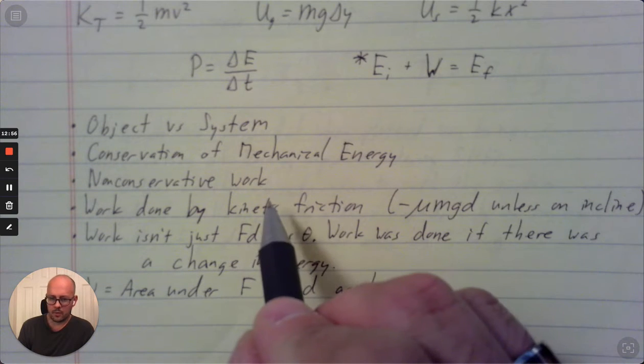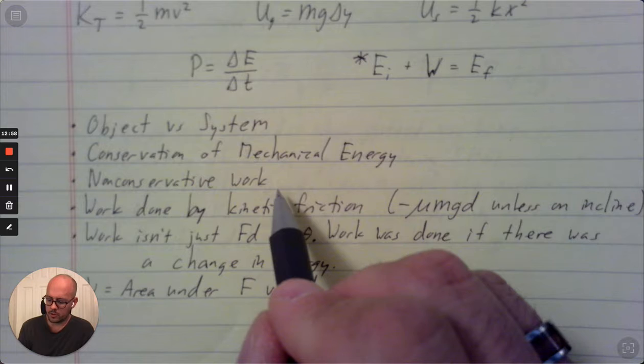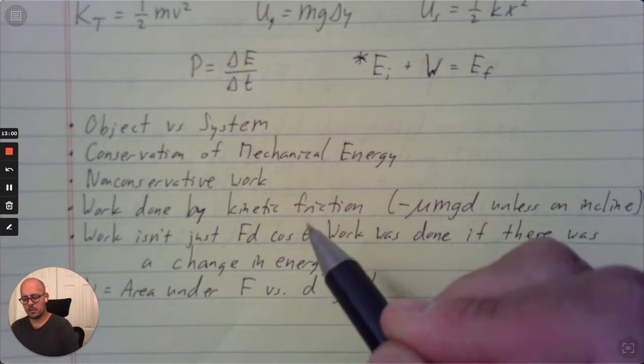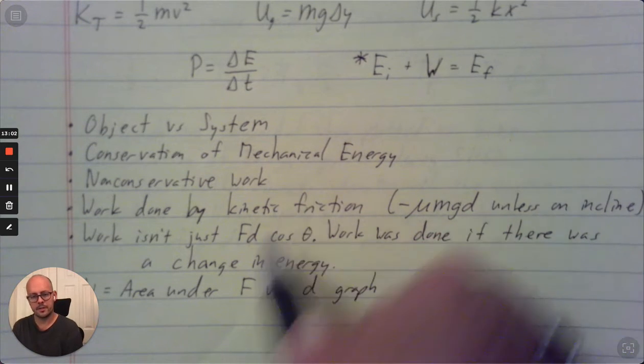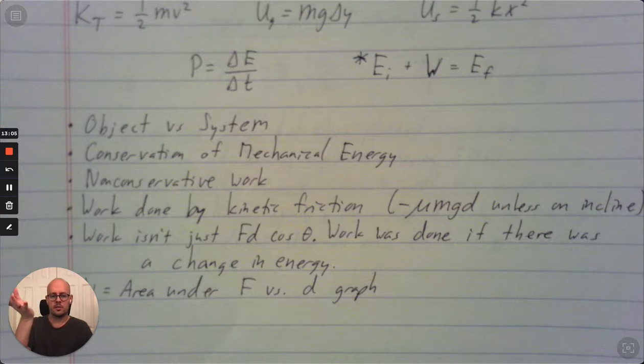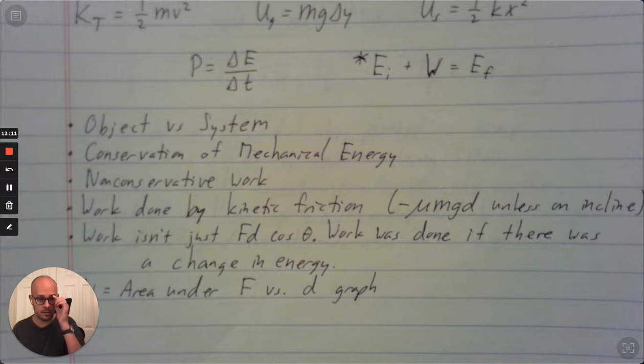And so I do want to talk about this a little bit. One of the big things that comes up every once in a while is if you're holding something in your hand and then it's at rest and you slowly lower it down and place it on the table. That is a situation where non-conservative work has been done and the work done was negative, because the object when you were holding it up was storing more potential energy with the Earth than when you got it to the tabletop.